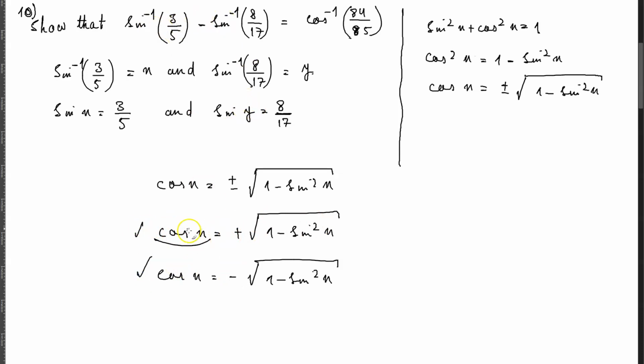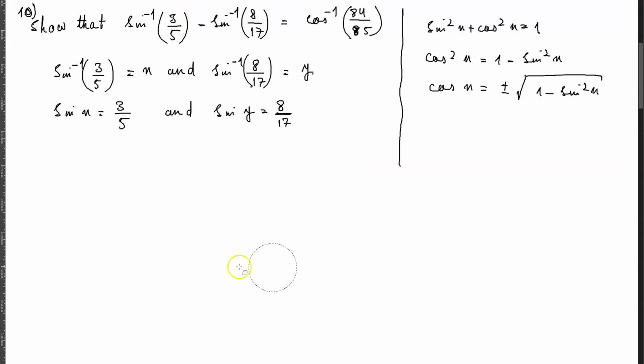But here the problem is that there is no way to know whether cos of x is going to be a positive value or a negative value, because based on the information that we have, I know that the sine of x is 3/5. 3/5 is some ratio, which means that x is some angle whose sine trigonometric ratio is positive.